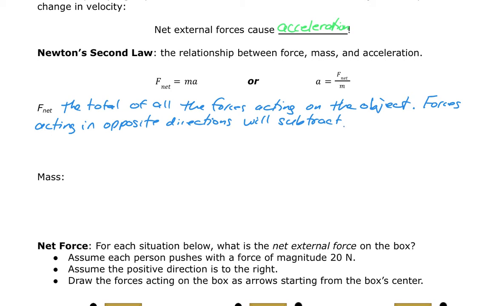A couple other things to keep in mind, okay, that the net force can be zero even if there are forces acting on the object. So even if there are forces acting on the object, the net force could be zero.